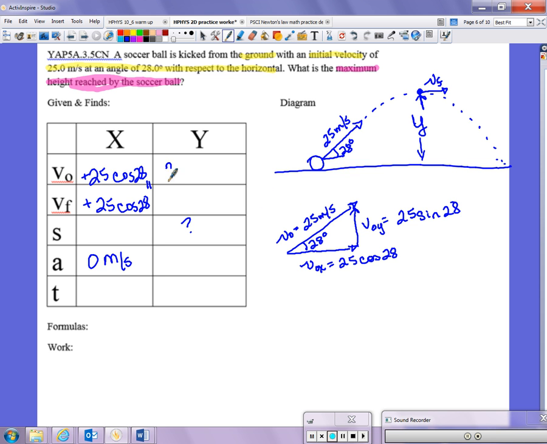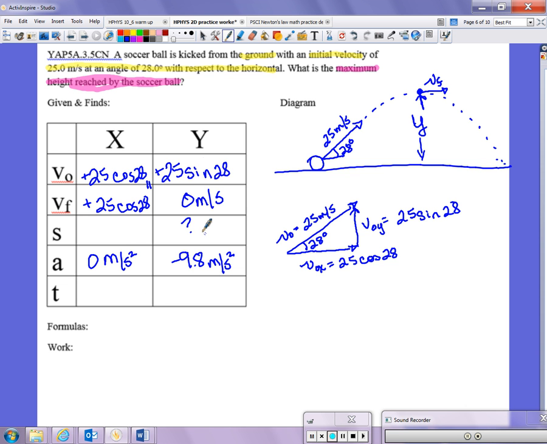My initial y velocity is positive, it's going up, you see it nice and clear here: 25 sine of 28. I know up here that the y component of the final velocity is 0, so I'll fill that in, 0 meters per second. And my acceleration is negative 9.8 meters per second squared in my y direction.